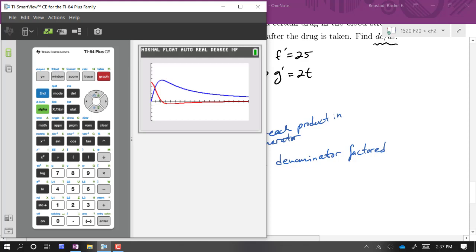And then for the rest of it, the red curve is negative, below the x-axis, because the derivative is negative. The concentration is decreasing. So the part of the curve that is decreasing corresponds to where the red curve is below the x-axis, where the red curve is negative.